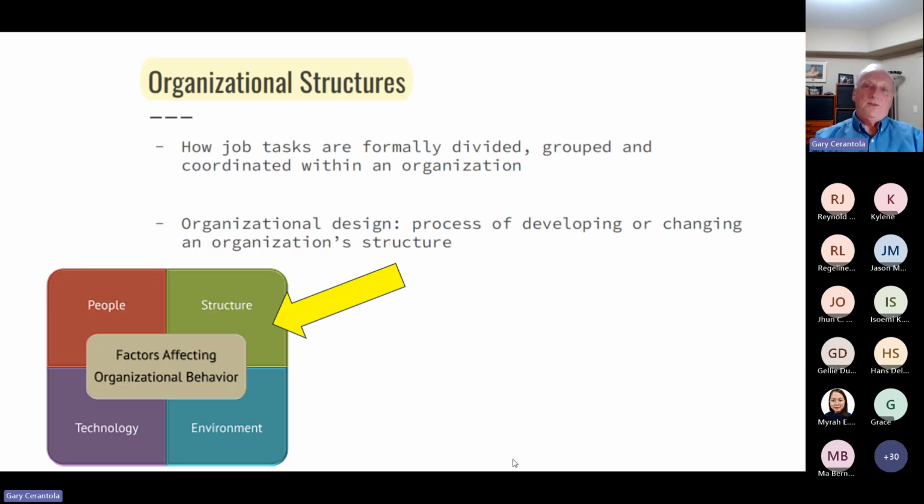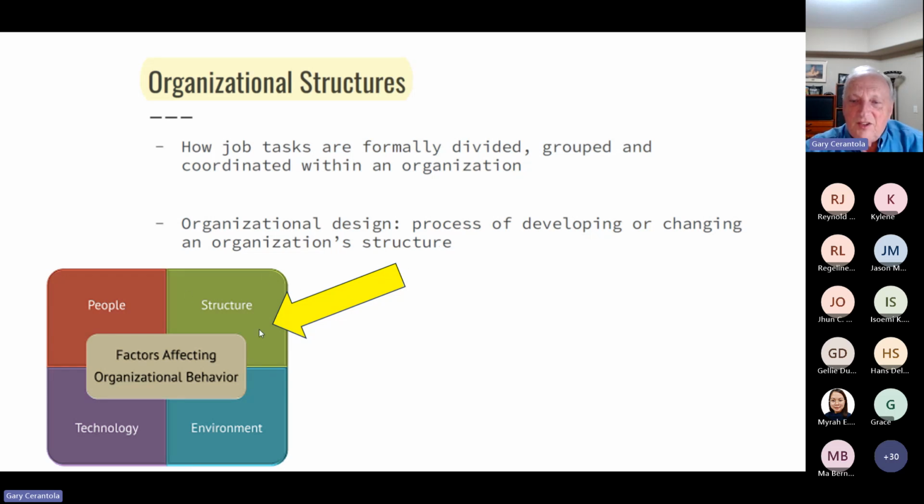But here's the culmination of what I'm trying to get across to you: organizational structures are how job tasks are formally divided. We're going to talk about specialization and whatnot. They're grouped and coordinated within an organization. The organizational structure will help you do that, and then ultimately into the layout. And organizational design is the process of developing or changing an organization structure.